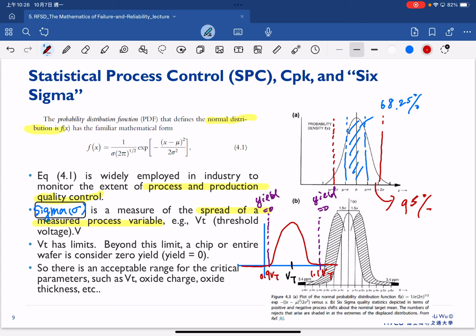So there's an acceptable range for the critical parameters such as the threshold voltage, oxide charge, oxide thickness. So we can define a threshold for each parameter we are interested in, and then we define a certain spec here.